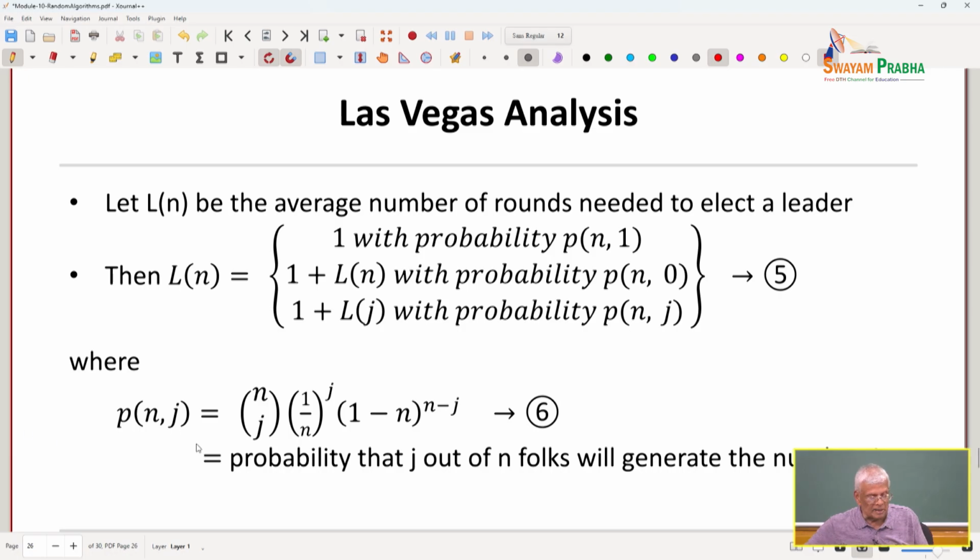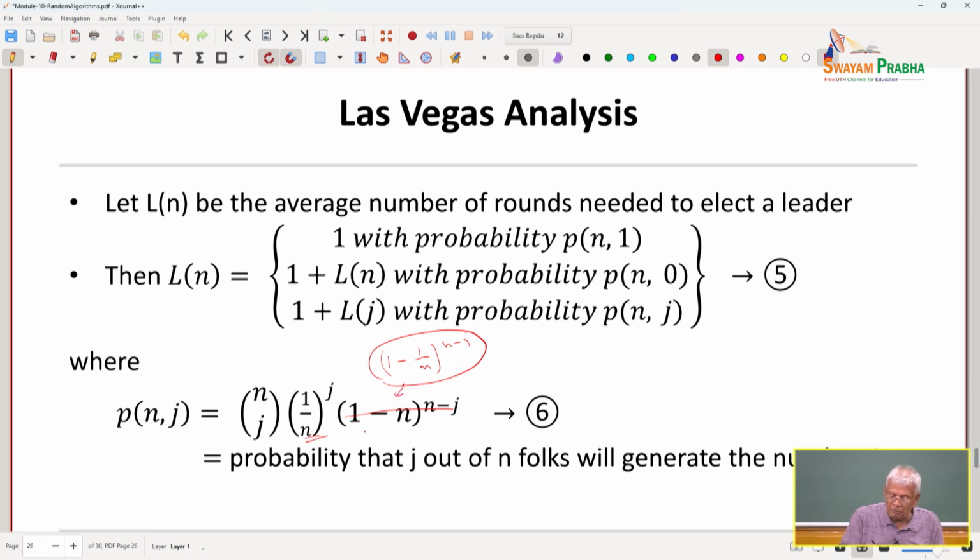So what is the probability? Out of n people, j people will get 1. The probability anyone can get a 1 is 1 over n. The probability that no one gets a 1 is, I'm sorry, this must be 1 minus 1 over n, to the power n minus j.